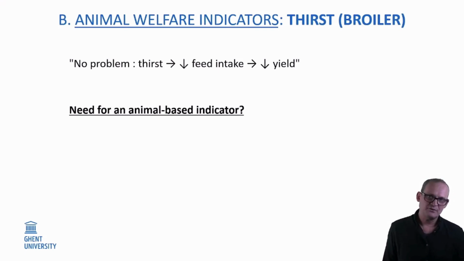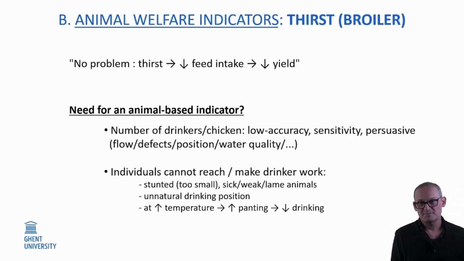And yet you can argue, wouldn't there be a need for a good animal-based indicator of thirst? Could there be situations where broiler chickens, even on commercial farms, are sometimes suffering from thirst? And if we don't have a good animal-based indicator, how can we ever be certain?